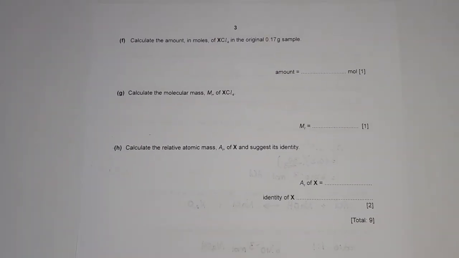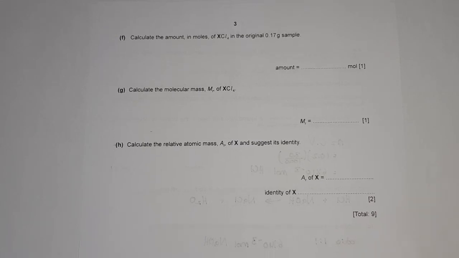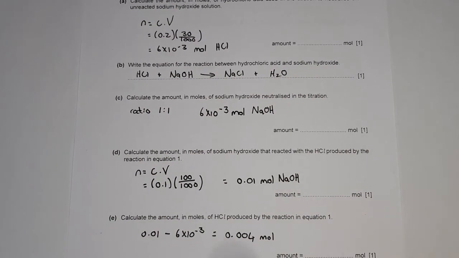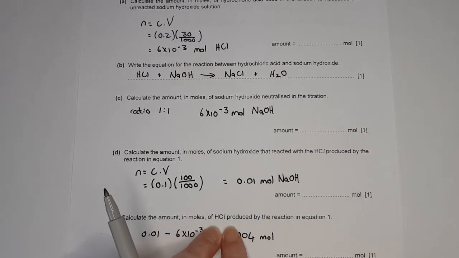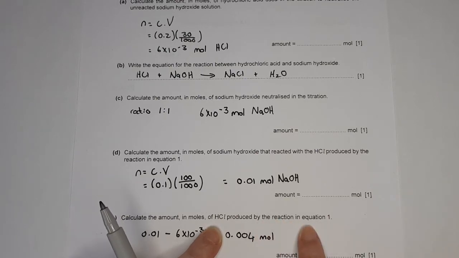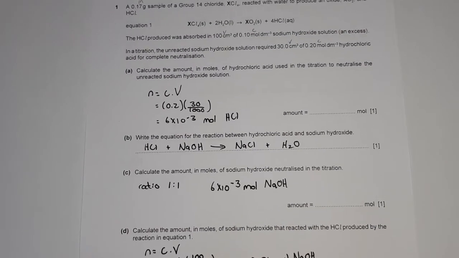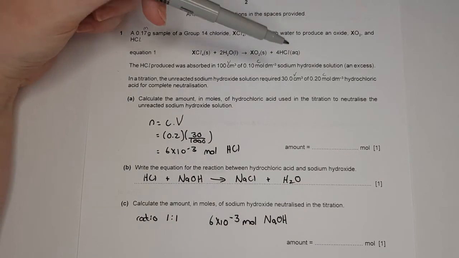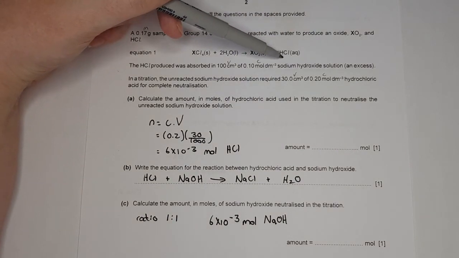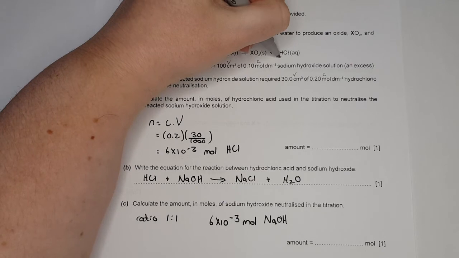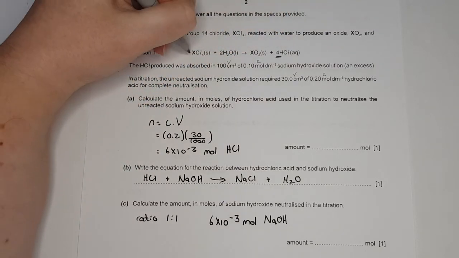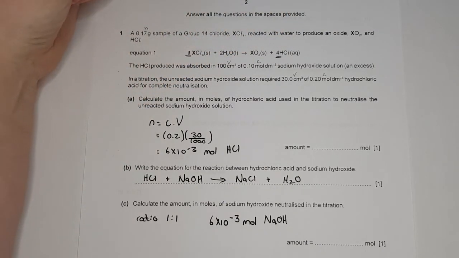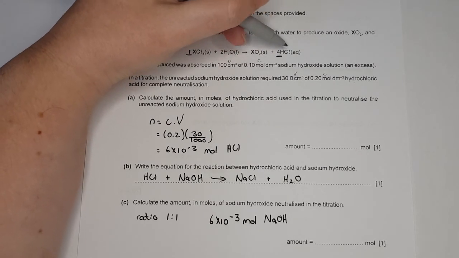So then the next question says calculate the amount in moles of the XCl4 in the original sample. So I just calculated the amount of HCl in moles for the original reaction of equation 1. So I have the original HCl moles, and I look at the ratio, there is 4 to 1. So I have 4 moles of the HCl.